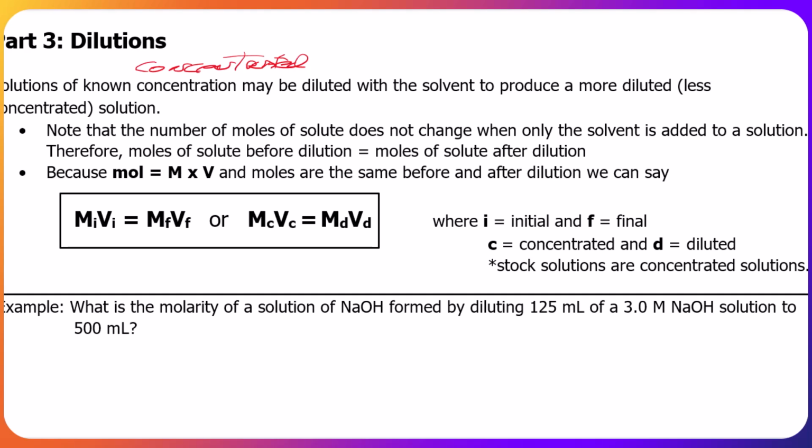But you probably don't want to use a concentrated solution in your laboratory. You may have a need for something much less concentrated. And so you can take a known concentration and you can dilute it. Basically, you're just adding solvent to spread out the concentration of moles of your solute. It just becomes less concentrated.